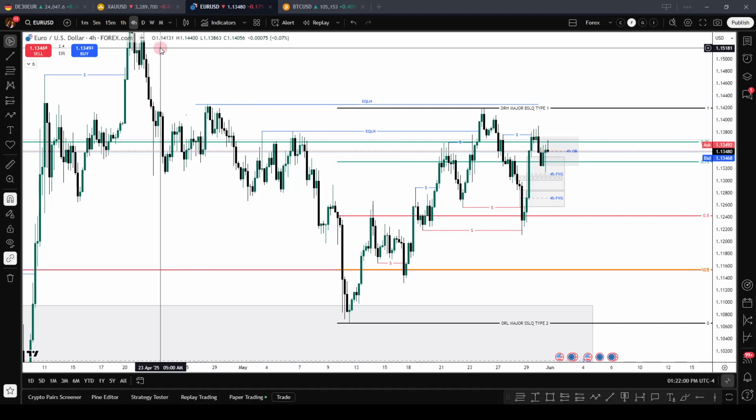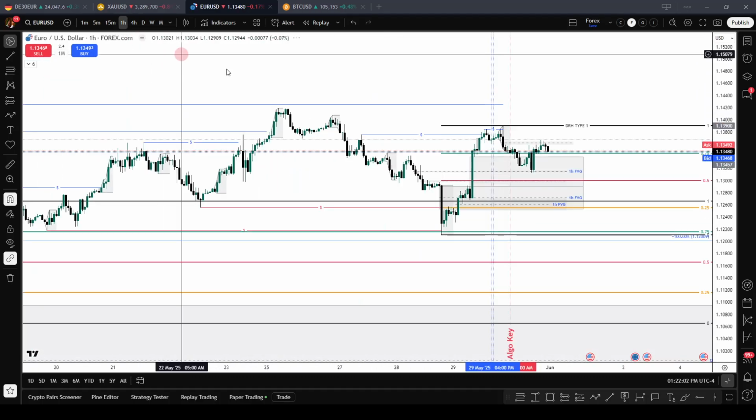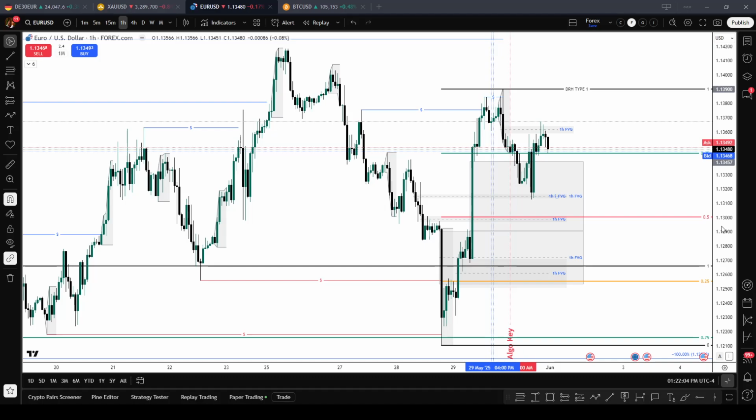If we now go to the hourly, which is also interesting, we will really see that in this dealing range that has formed, which is aligned, as we mentioned, with the upward daily and the 4-hour, we see it here.